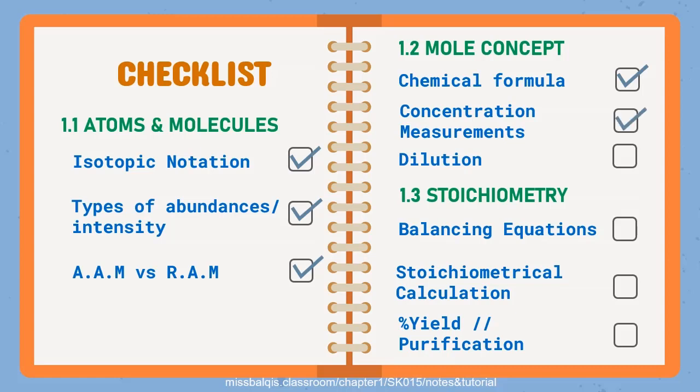And then as for dilutions, you know that in all chemical processes, you somehow will start with a very concentrated solution, and then in order for you to do the reactions, you need to dilute it a bit. You need to apply the formula M1V1 equal to M2V2, where 1 is usually from the concentrated solution or the stock solution, and the second one is the one that is diluted.